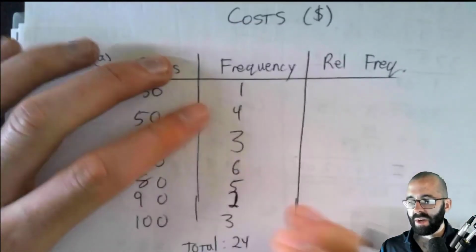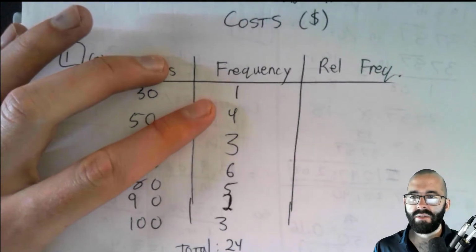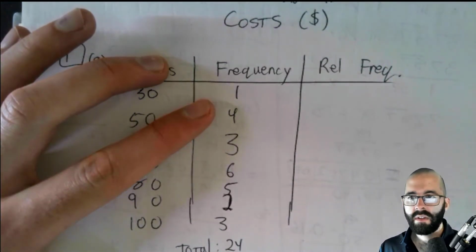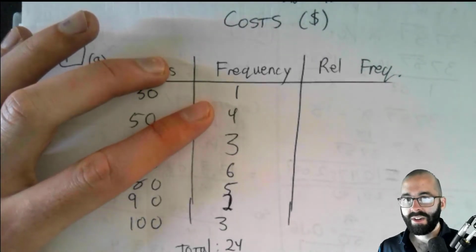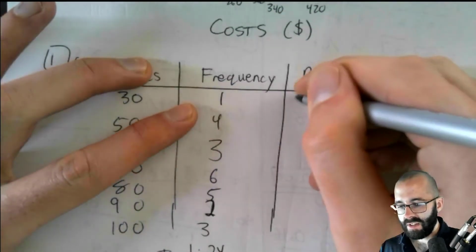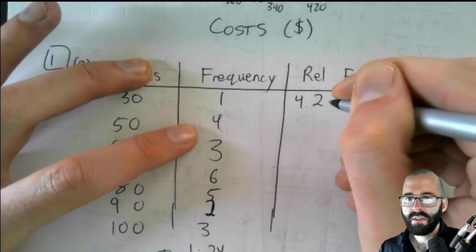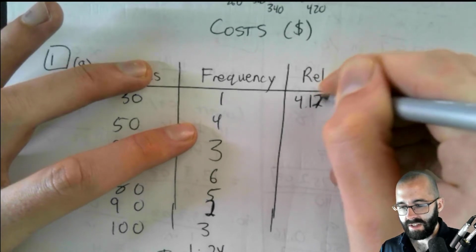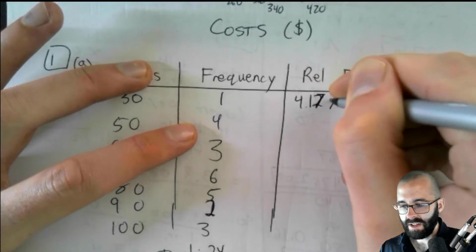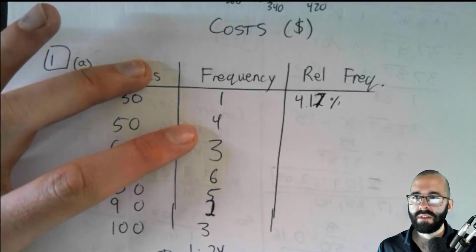We'll divide each of these by 24 to find our relative frequency. No, not 1-800-Flowers. Google. 1 divided by 24. That's 4.2%, 4.17%. I usually include 2 decimals in my percents.